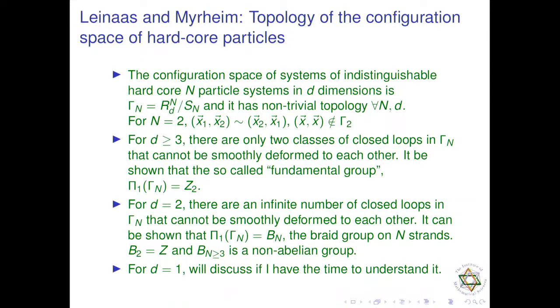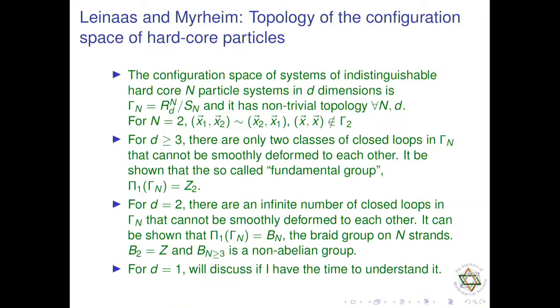How they argued was that firstly they characterized the configuration space of hardcore many-particle systems, n particles which can't sit on each other. Suppose for two particles, (x1, x2) and (x2, x1) are the same point, since you don't know the distinction, and (x, x) does not belong to the space, that is when the particles are sitting on top of each other.